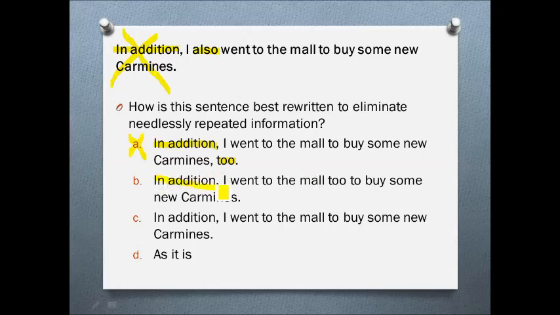So again, with in addition and too, not an answer choice. In addition, I went to the mall to buy some new Carmines. That one just has in addition, but it doesn't have any other alsos or too or as well or anything like that. So that's a possible answer. And then as it is, we see that wasn't correct. So our answer is in fact C, the one that doesn't have two ways of saying the same thing.